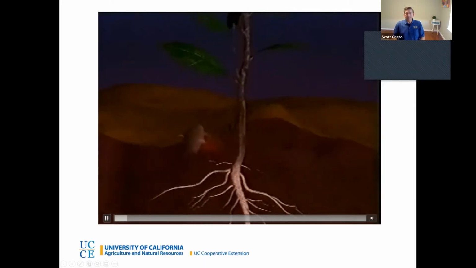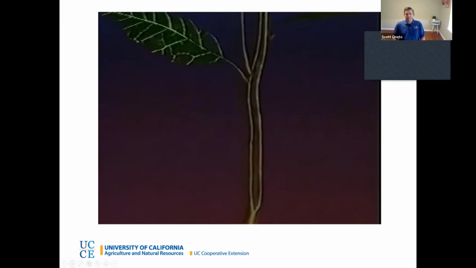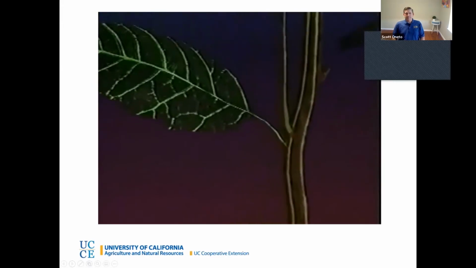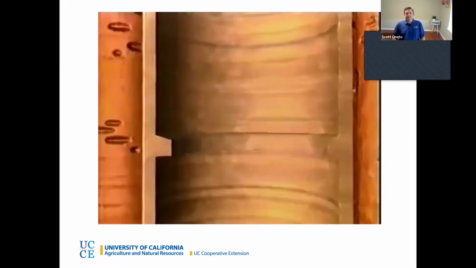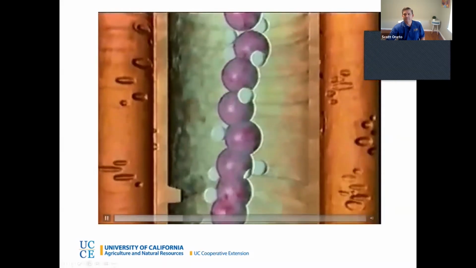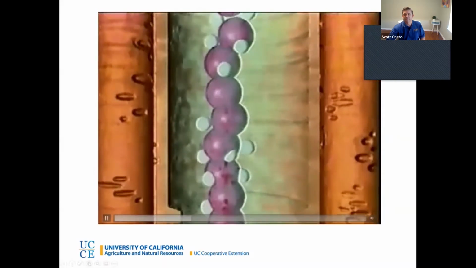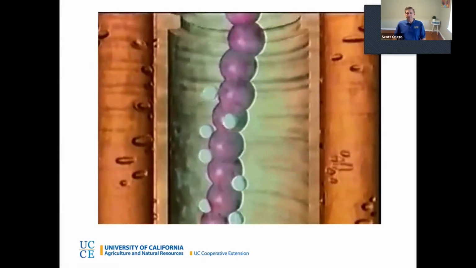Plants transport water and nutrients from their roots to their leaves through a vascular tissue called xylem. These are dead, empty cells which connect end to end, forming long continuous tubes. Because water molecules carry a slight electric charge, they're attracted to each other. This natural attraction, known as cohesion, links the molecules in long continuous chains.